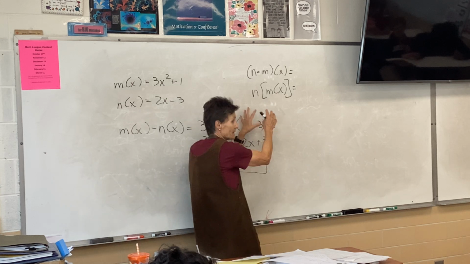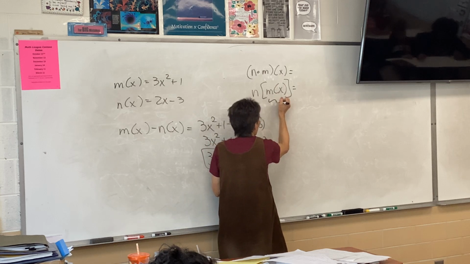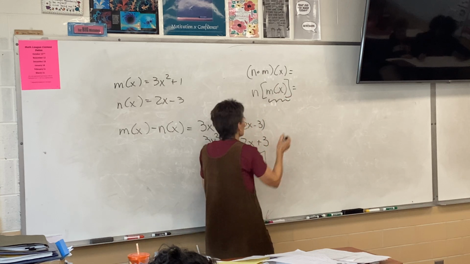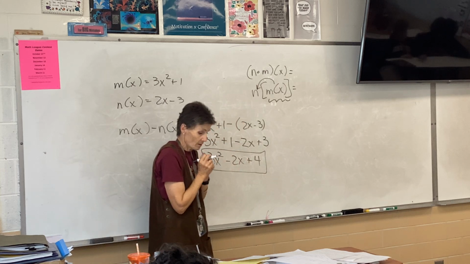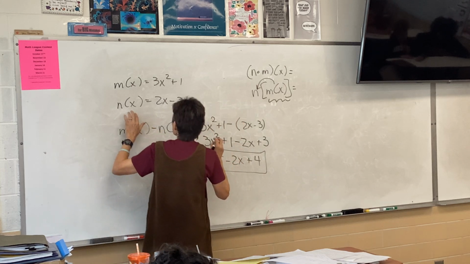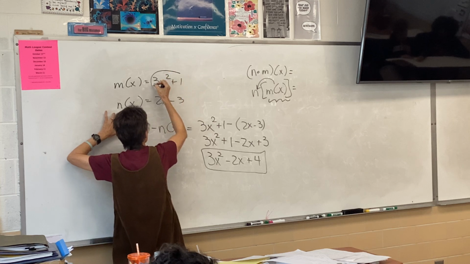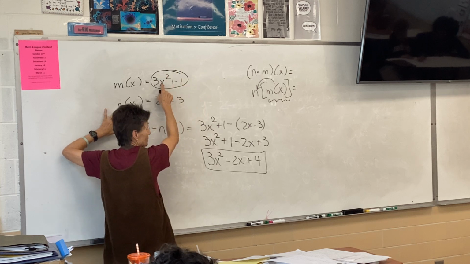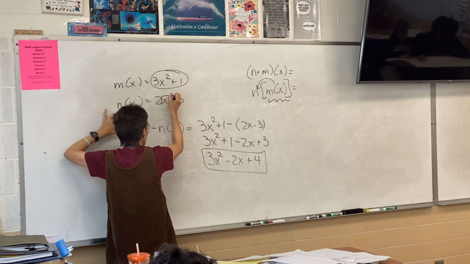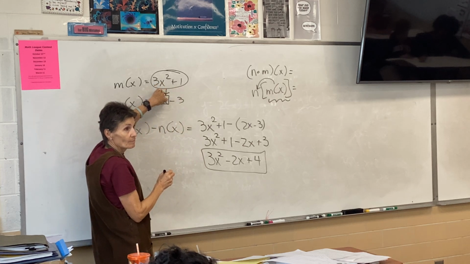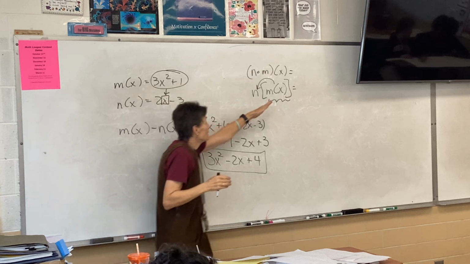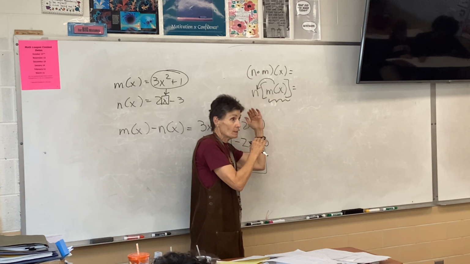So this means take your M function and plug it into your N function. So my M function is right here. This is my M. And I'm going to plug it in right here. So M is going into N.